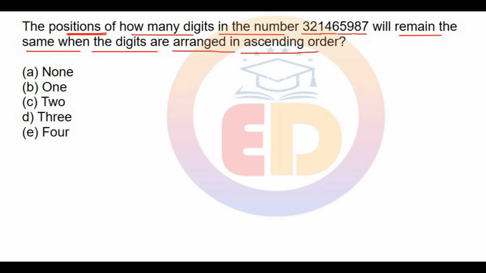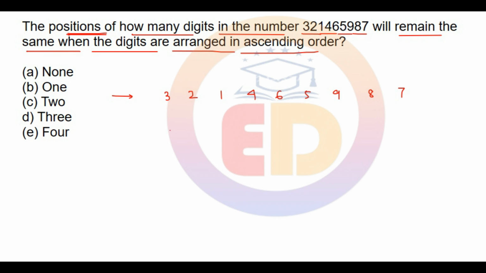So let us see, my number is 3, 2, 1, 4, 6, 5, 9, 8, 7. Now when I arrange these digits in the increasing order, then how many digits will be in the same position as given in this sequence?